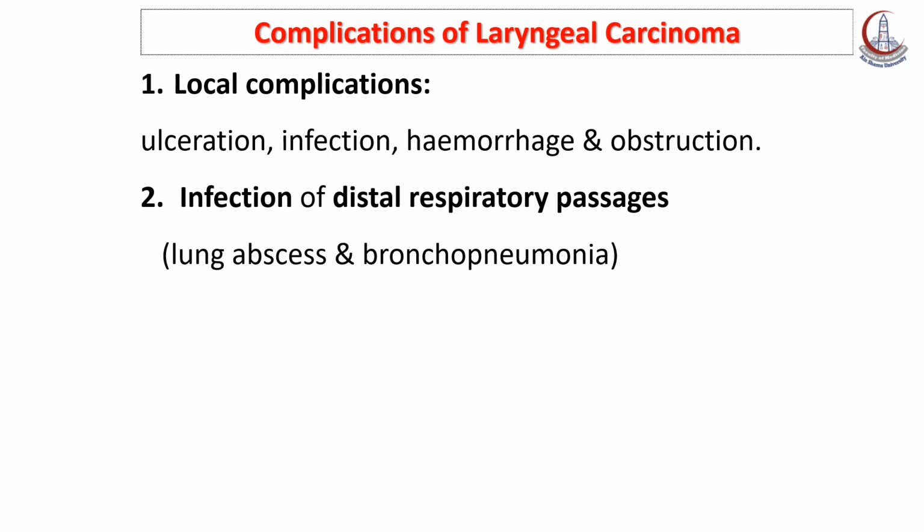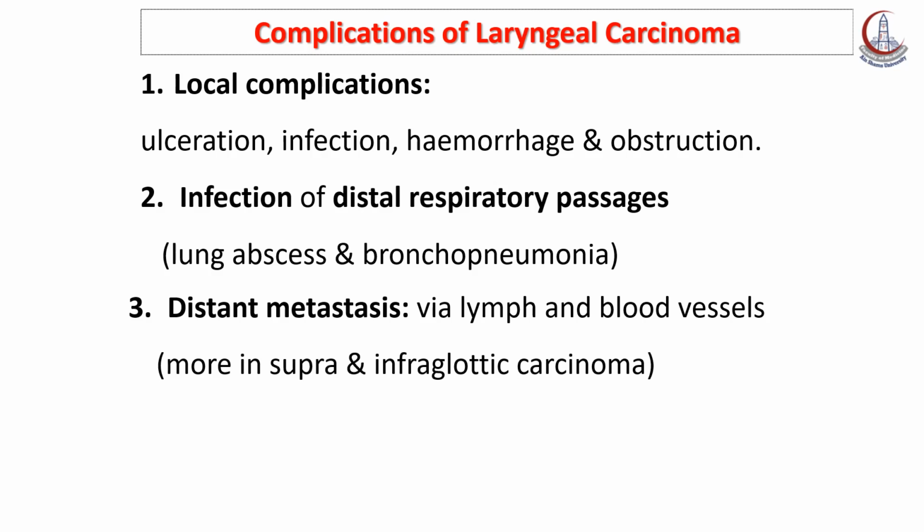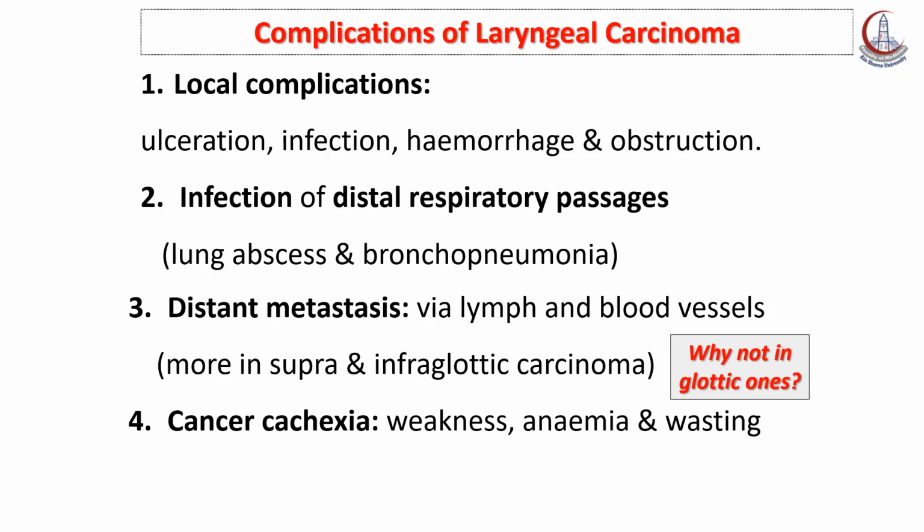Metastasis via lymphatics or blood vessels can occur, more commonly in the supraglottic and infraglottic types, and we know the causes now. Also cancer cachexia, which is weakness, wasting or loss of weight, and anemia.